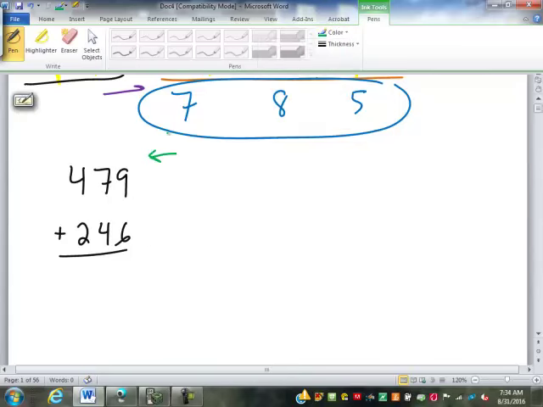Starting on the right, 9 plus 6 is 15, but we can't have 2 digits in there, so we keep the 5 and carry the 1. Now we combine the 1 with the 7 to make 8 plus 4, 12. Again, we can't have 2 digits, so we keep the 2 and carry the 1. Combine the 1 with the 4 to get 5 plus 2 is 7.